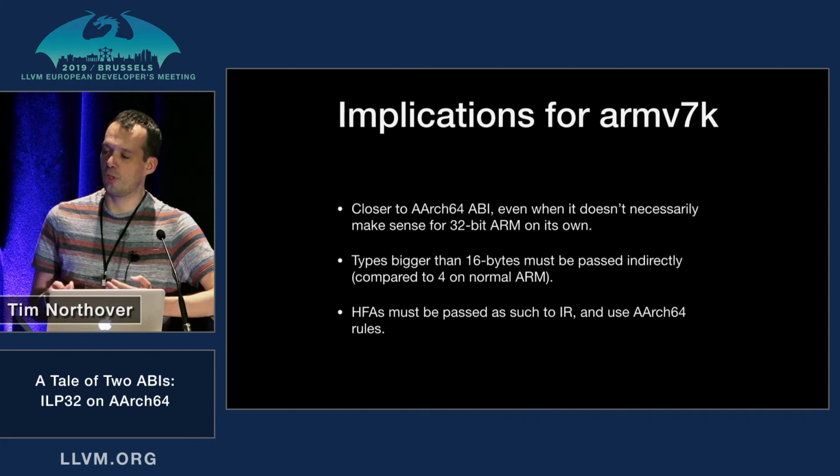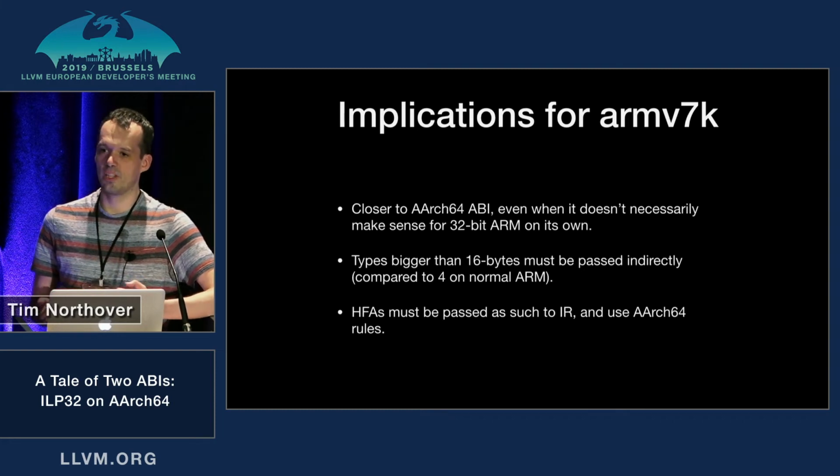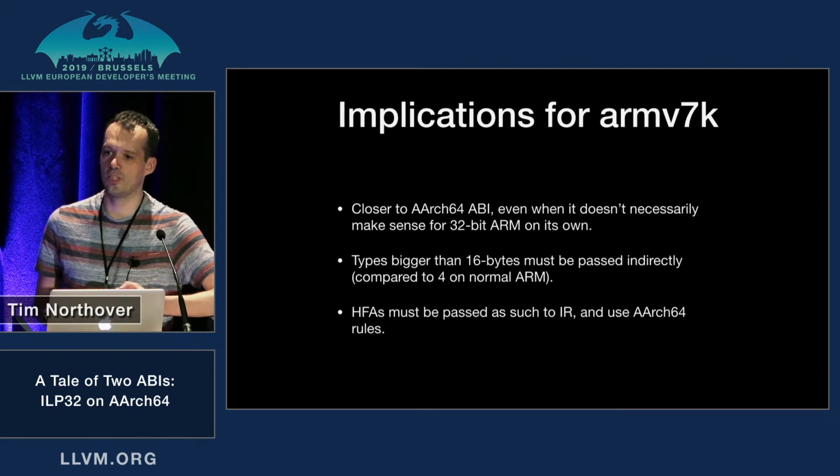Wherever there's a sort of heuristic for a size or something, the decision that's been made looks suspiciously like it was designed for a processor with twice as many registers that are twice as big.